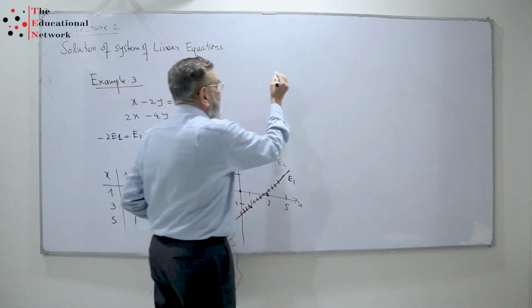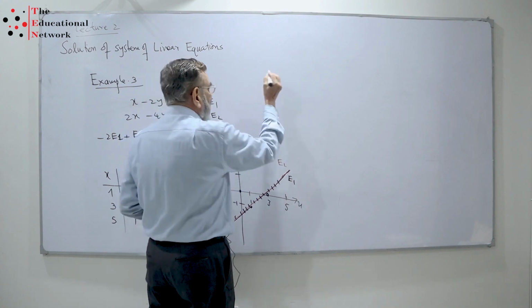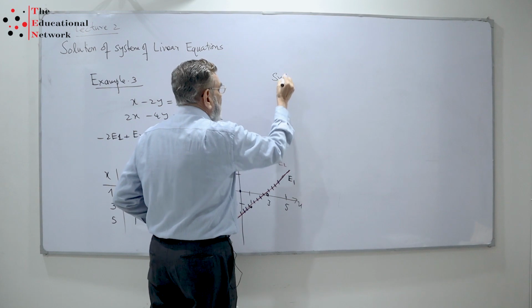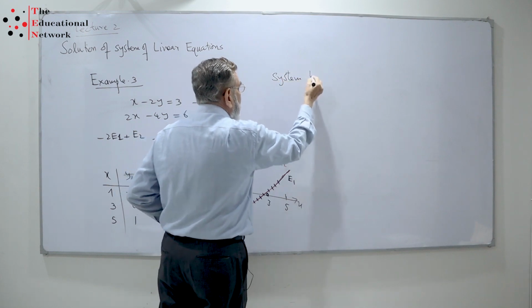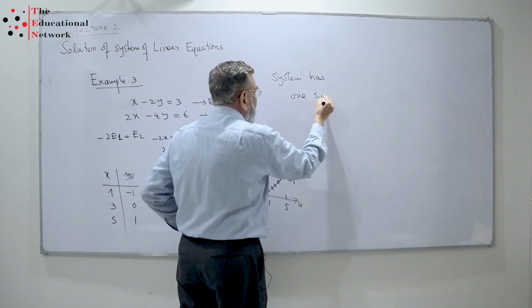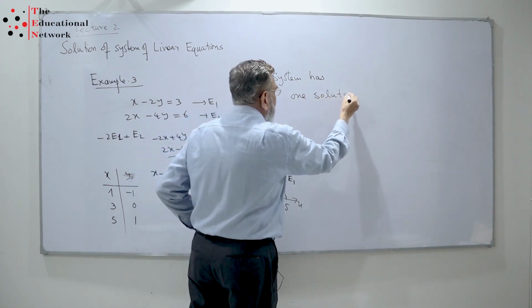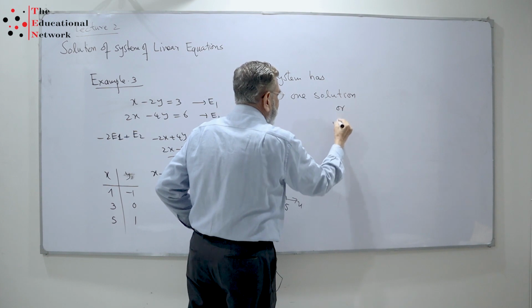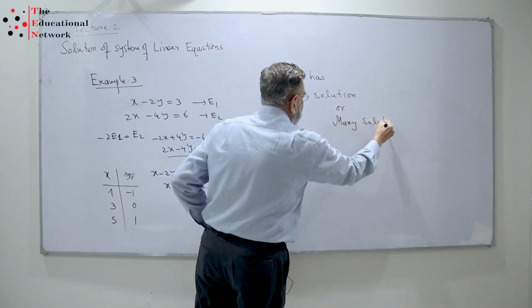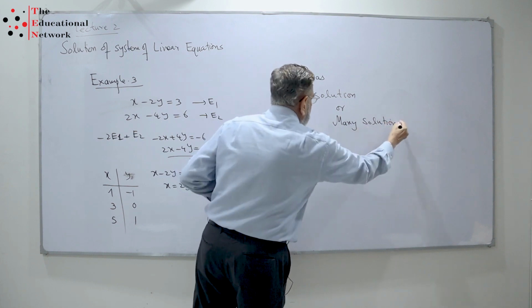So as I've shown you, a system is of two types. When the system has one solution or many solutions, then we say the system is consistent.